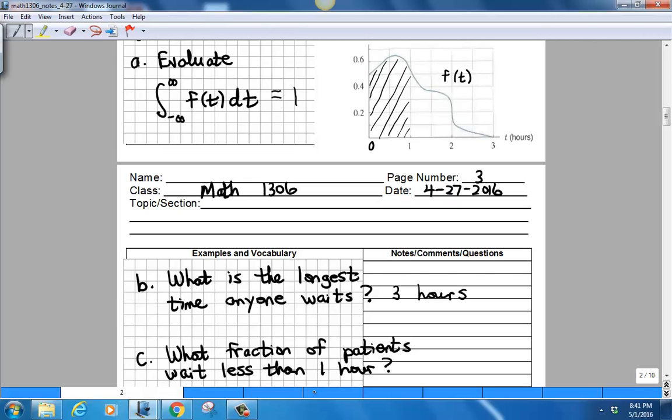So let's count the number of grid blocks that we have here. There's 1, 2, 3, 4, 5, 6, 7, 8, 9, 10. So I have 10 of the grid blocks that are completely contained within the area, these 10 right here.